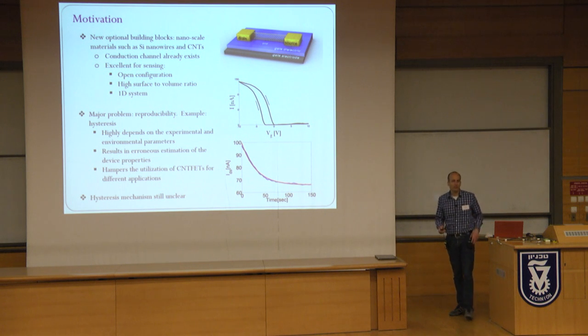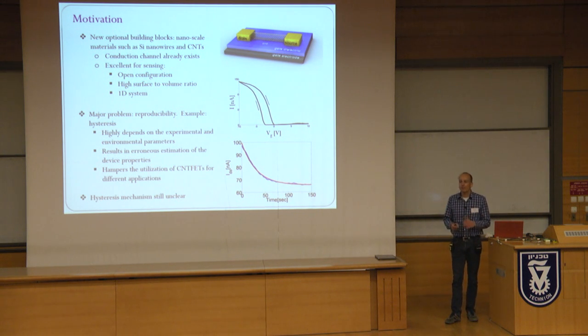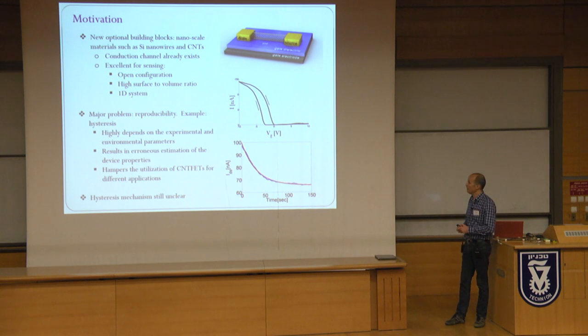And it's very promising. The beauty of carbon nanotubes is first that they have an open configuration, a high surface-to-volume ratio, and are a 1D system, so they are perfect for channel behavior and also for sensing applications.